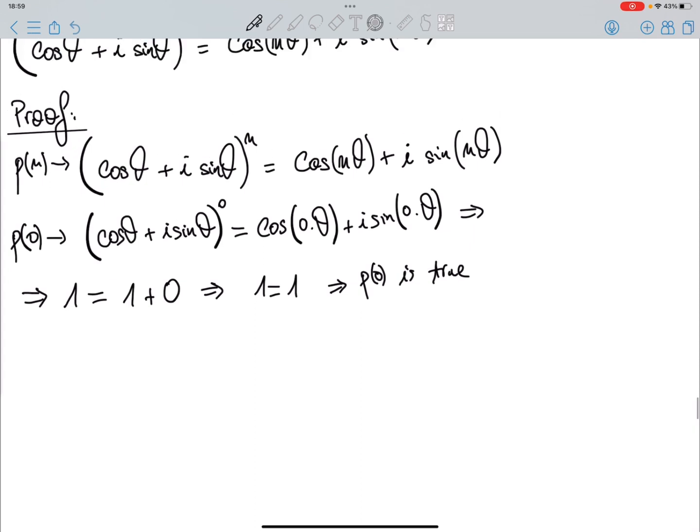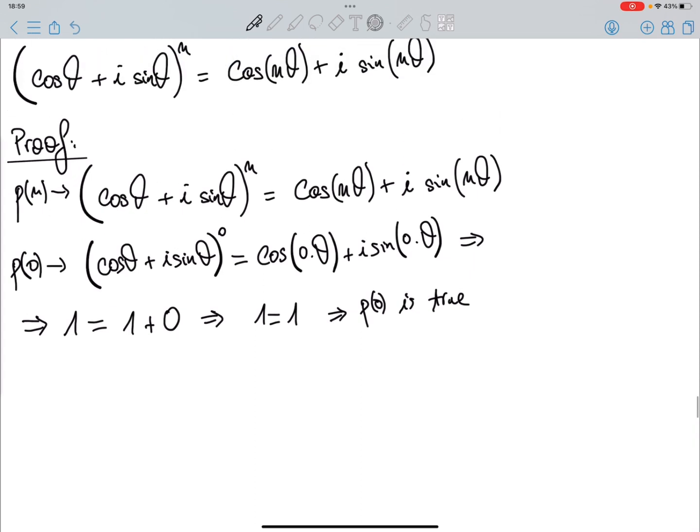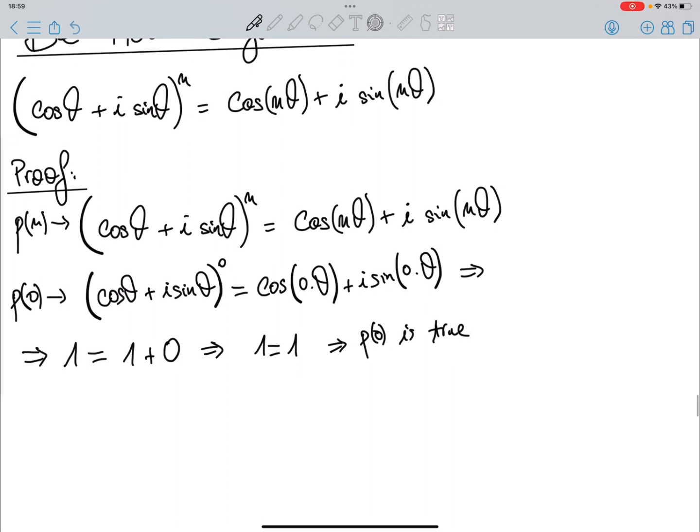Now we're going to check whether P(n) true implies that P(n+1) is true. So we're going to assume P(n) to be true, and our goal is to prove that P(n+1) is true.